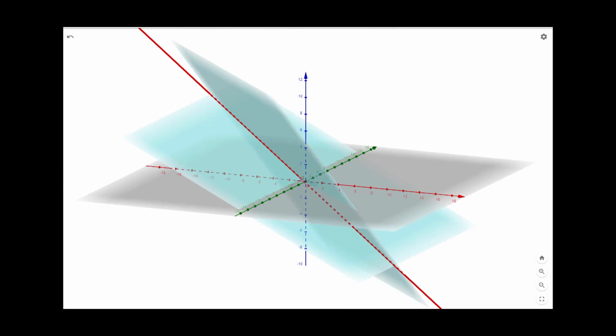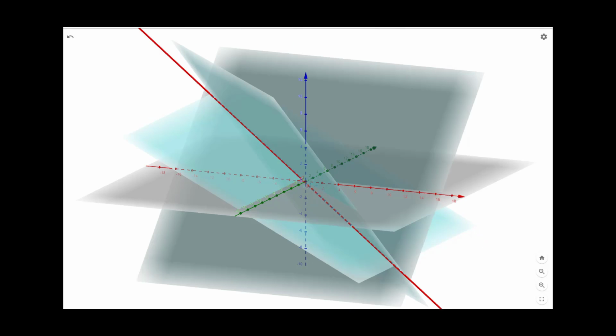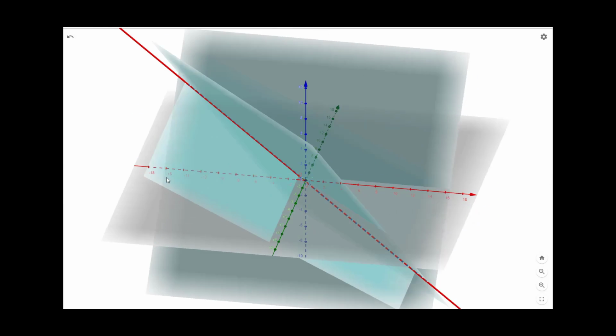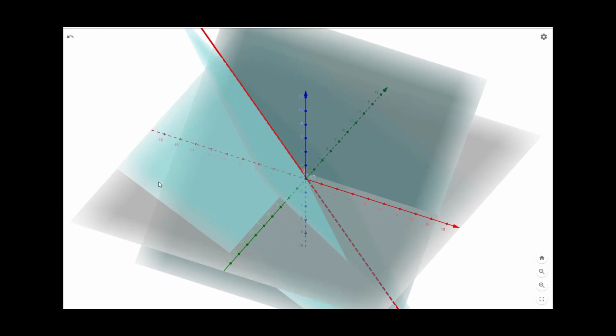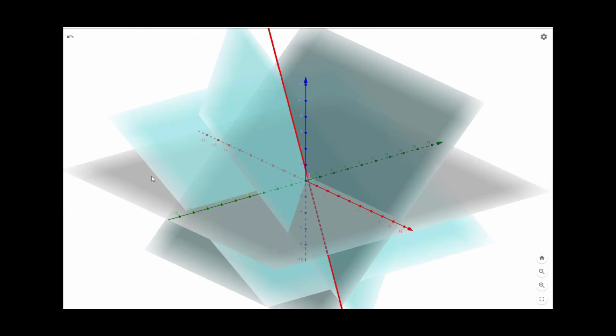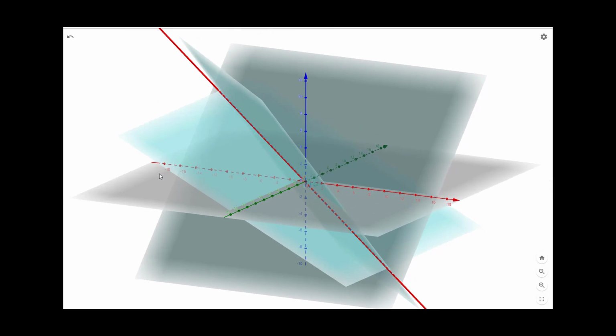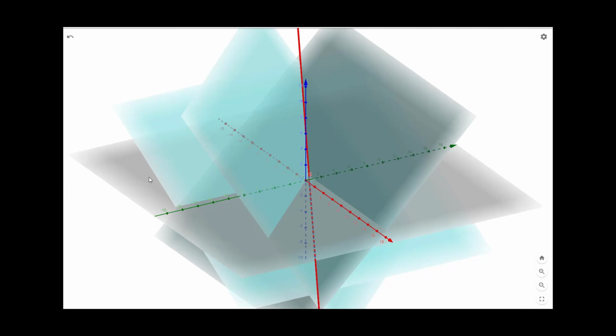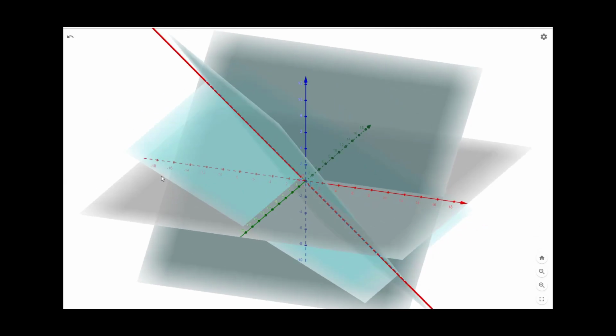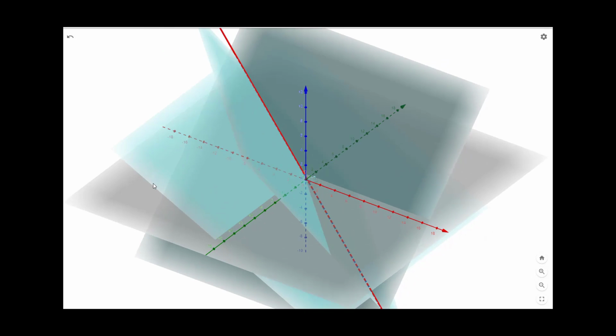So if we consider the three equations together, we can see that the three equations are passing through the same straight line. There are infinitely many points on the straight line, and these three planes are passing through all those points. Basically they are intersecting in this straight line, so there are infinitely many solutions. Thank you.